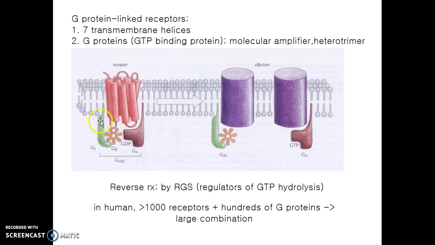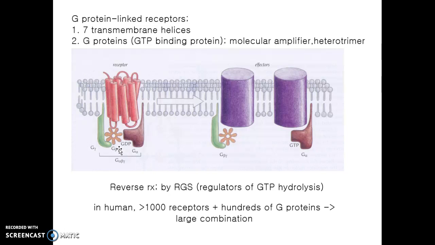The G proteins are heterotrimers consisting of the alpha, beta, and gamma subunits. It is the alpha subunit that contains GTPase activity.